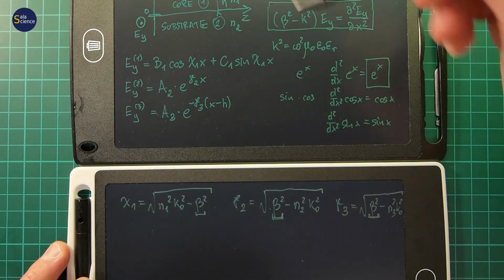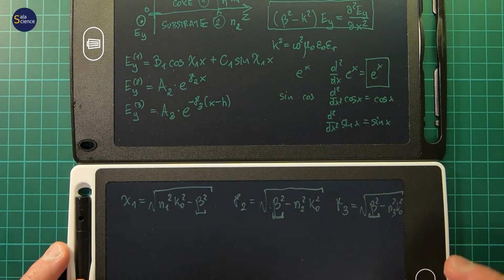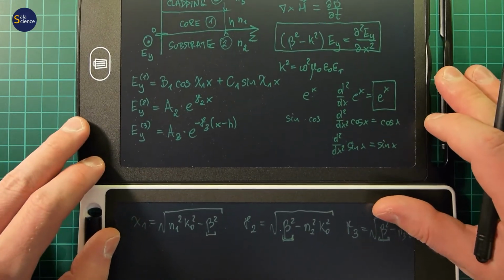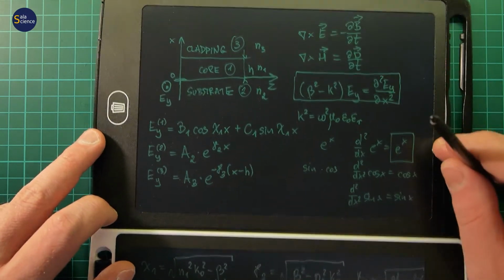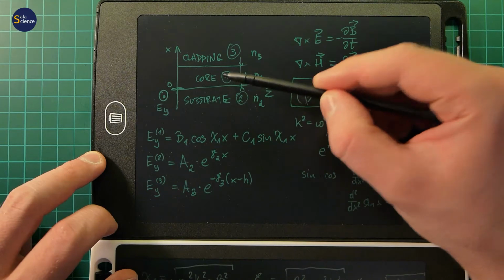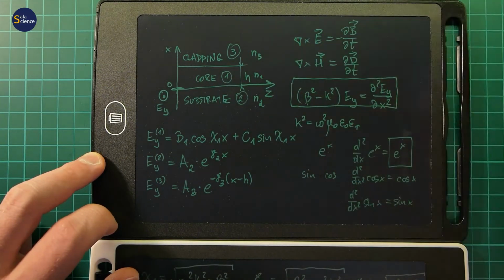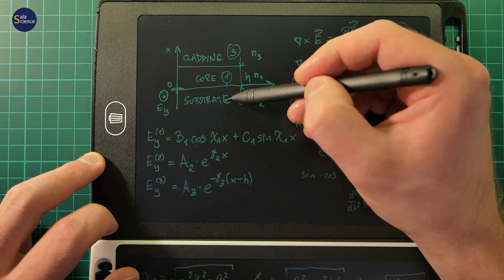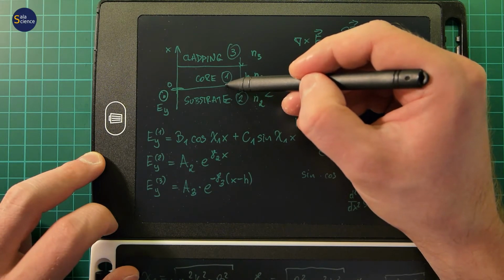So in order to get these coefficients, these constants, we will use the boundary conditions. We know that this E_y is a parallel component of the electric field, and we know that the parallel component of the electric field is continuous across the boundary, so the electric field in the core at the boundary between the core and substrate must be the same as the electric field in the substrate at this boundary.